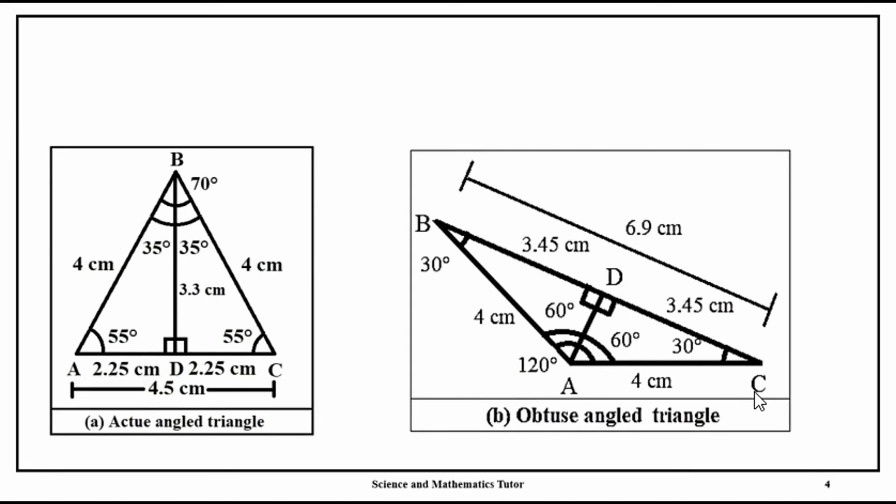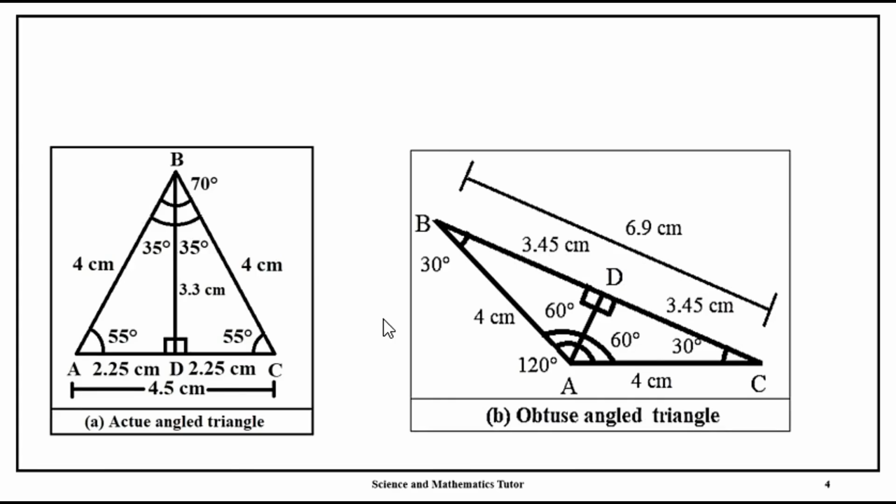So from this, we can say that instead of measuring different types of triangles like acute angle triangle, obtuse angle triangle, equilateral triangle, or isosceles triangle, this one would be considered an isosceles triangle because it has two equal angles and two equal sides, we can measure only one type of triangle, that is the right angle triangle.